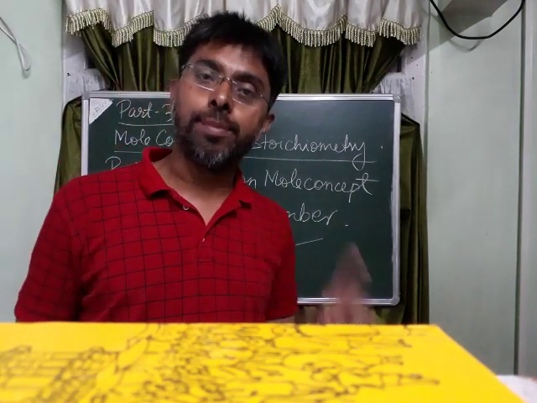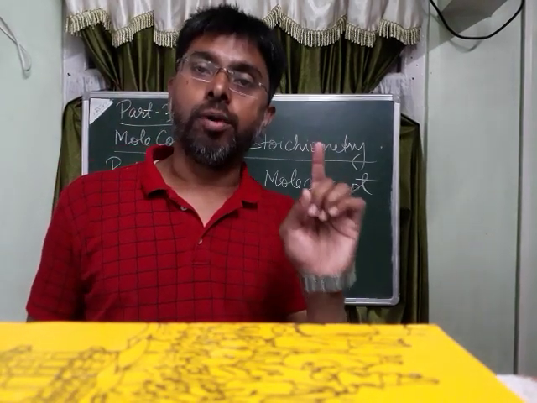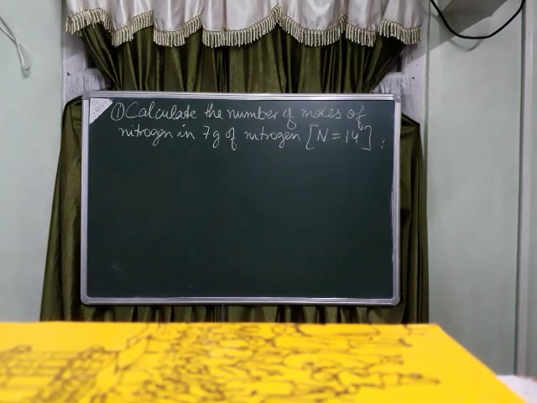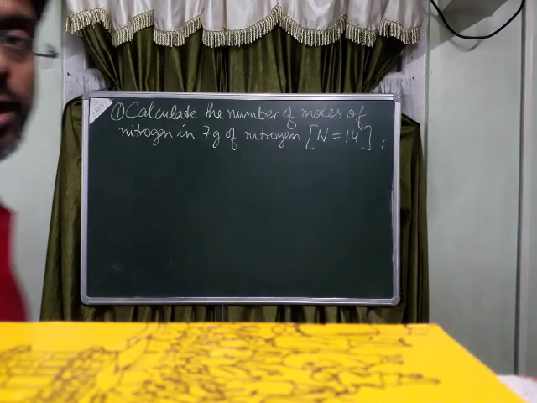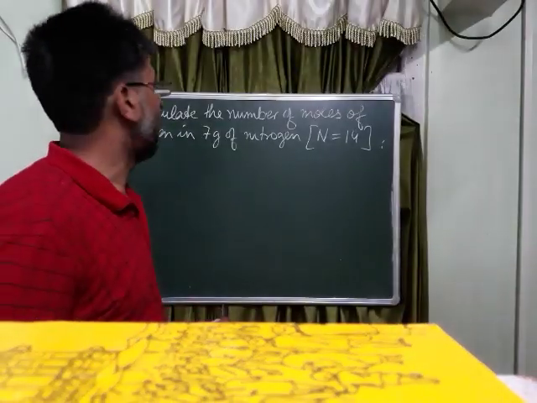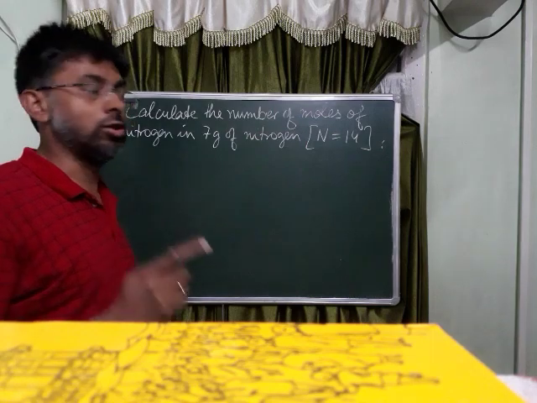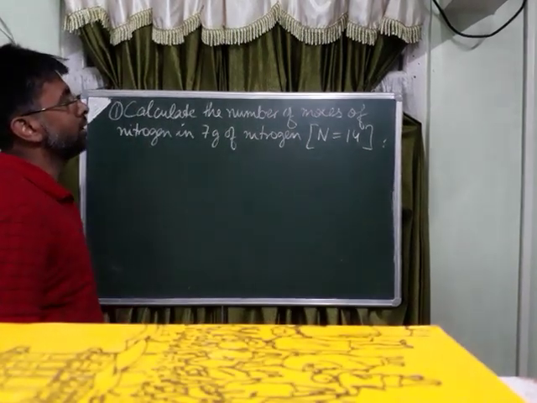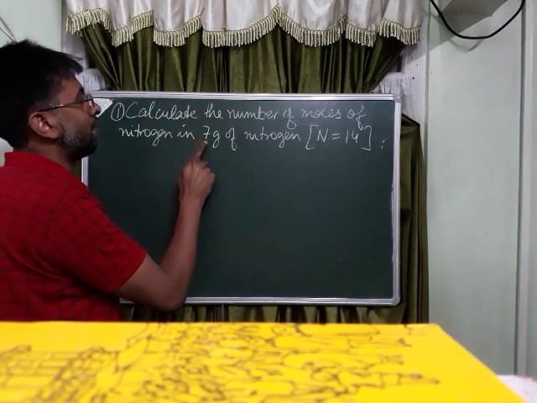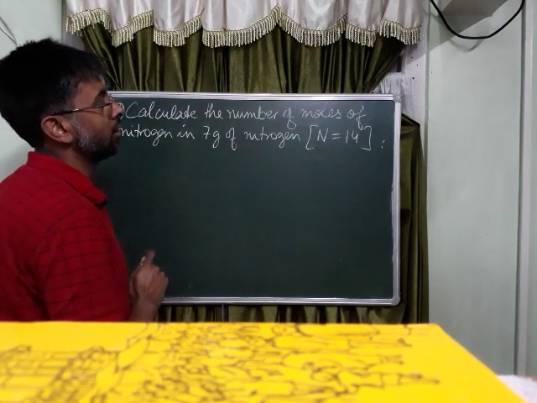Okay, so let me write down the problem number 1 first. Please copy this problem. The first problem based on Avogadro's number and mole concept is: calculate the number of moles of nitrogen in 7 grams of nitrogen.